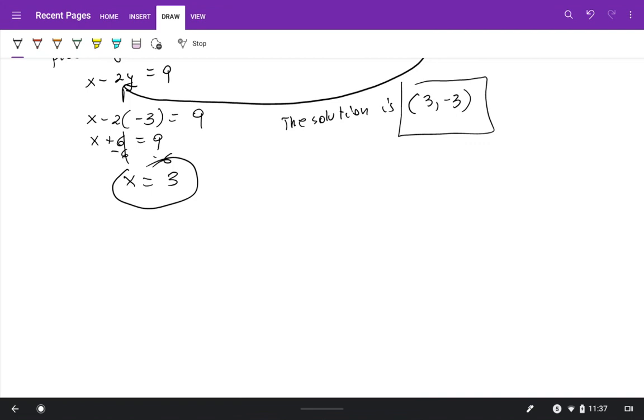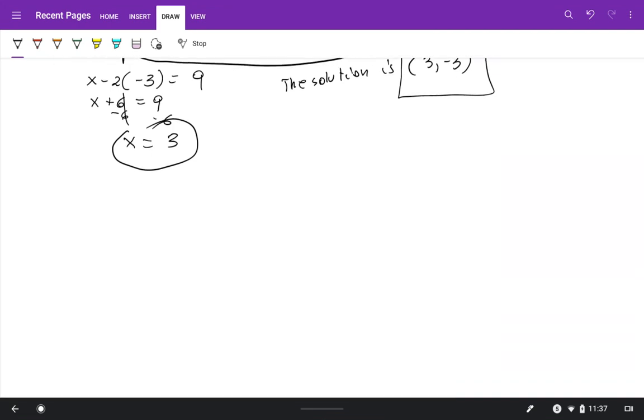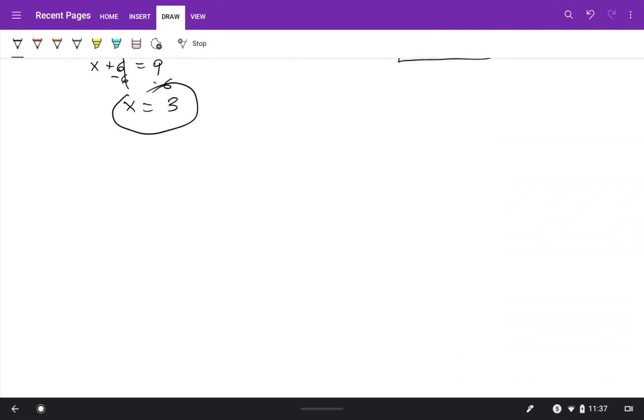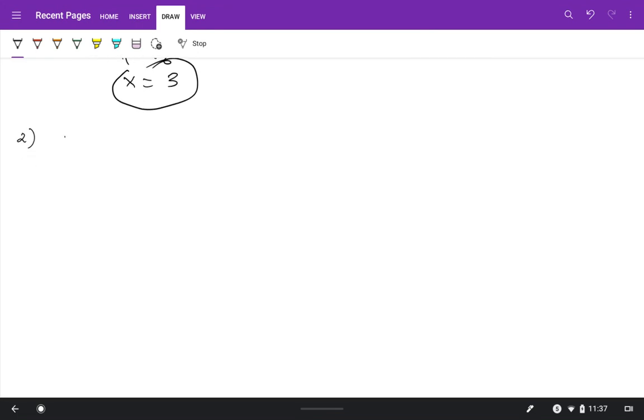Okay, so we continue. We're going to solve 3 more examples using the addition method. So this is example 2. We have 8n equal 4 minus 5m, 7m plus 6n equal -10.